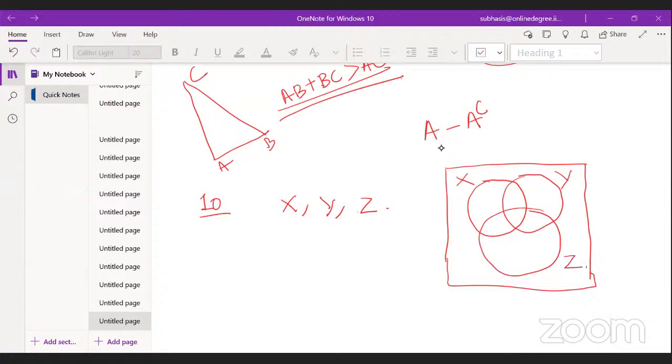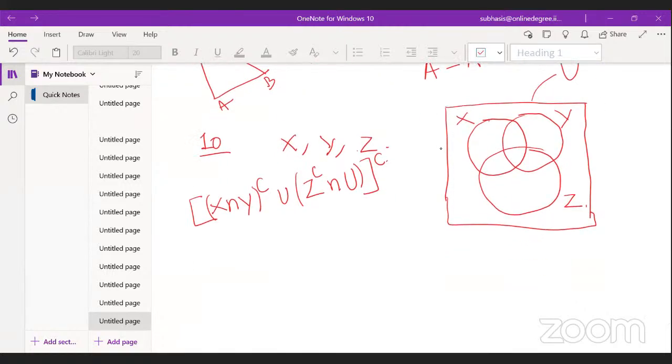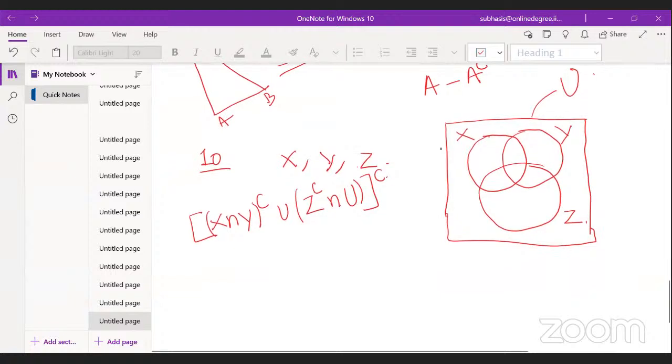And from this diagram, you need to compute the complement union Z complement intersection U whole complement, right? So this is your U. U basically is your universal set, so the whole thing is basically U. So we'll do it one by one.